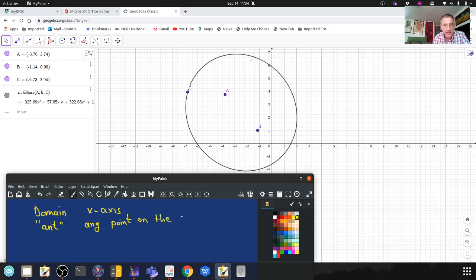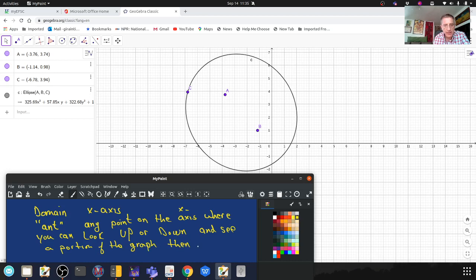Any point on the x-axis where, since you're on the x-axis, you can look up or down and see a portion of the graph, then that x value is in the domain.